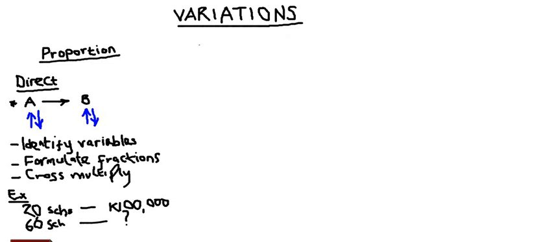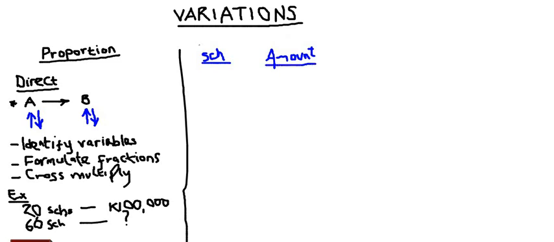So here, if we follow these simple steps, step number 1, we identify the variables that are proportional. In this case, we are talking about the number of schools against the amounts in kwacha. So these are the two variables that are proportional.